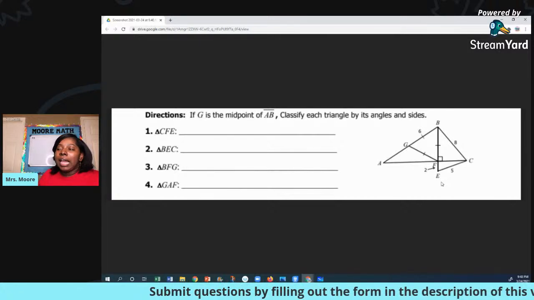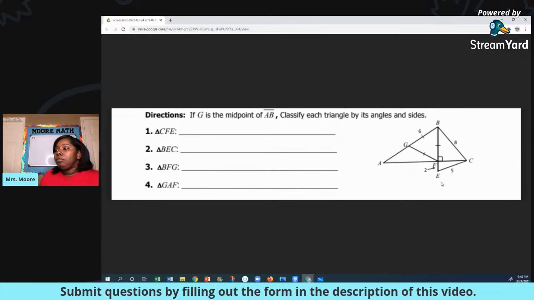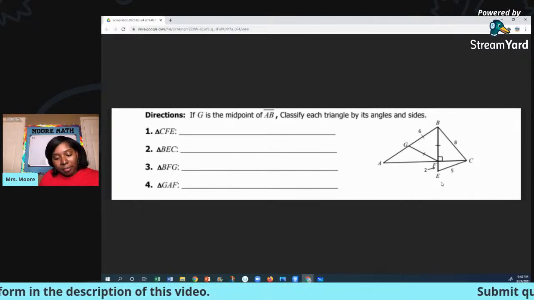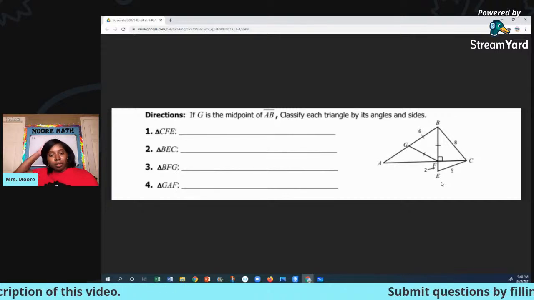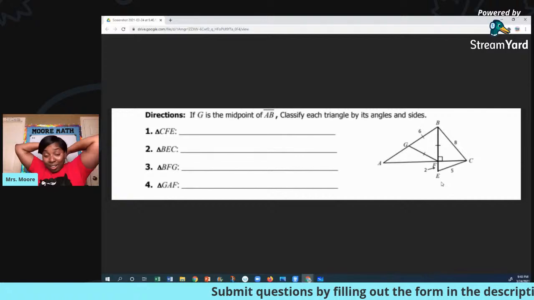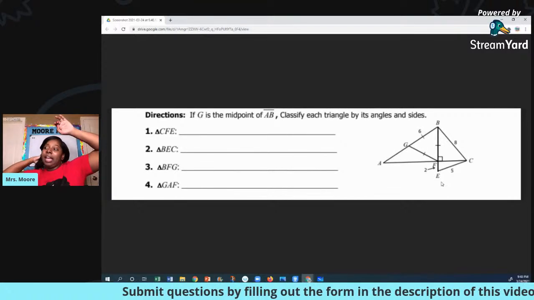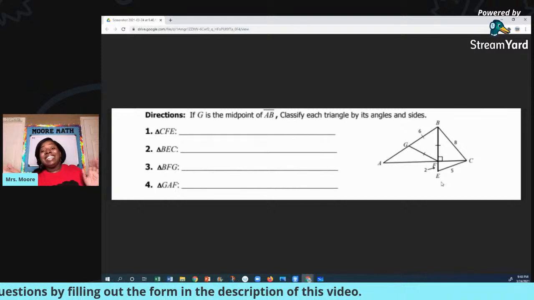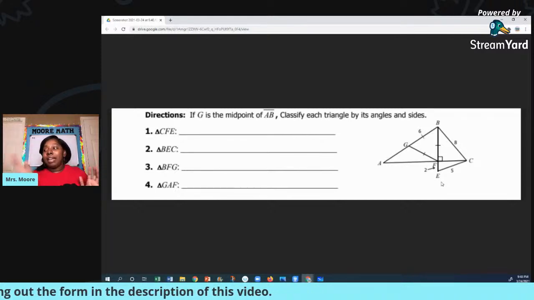They just wanted you to say if it's acute, obtuse, or a right triangle. Okay. So if you look at this, I don't see any right angles here, right? I also don't see anything that looks like it could be over 90 degrees.